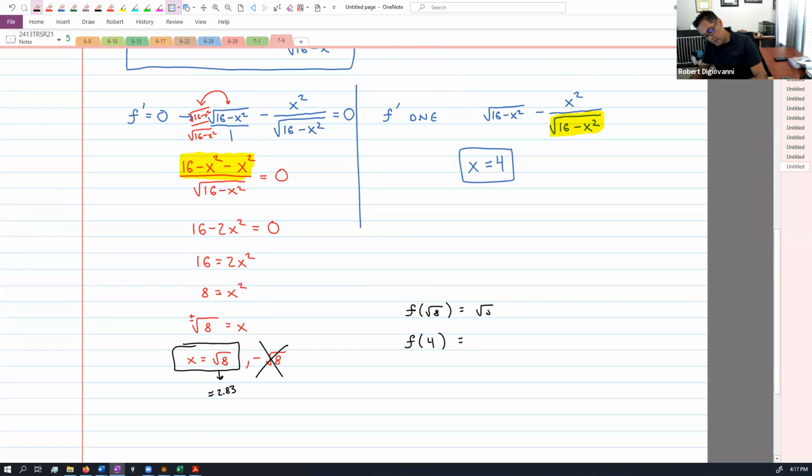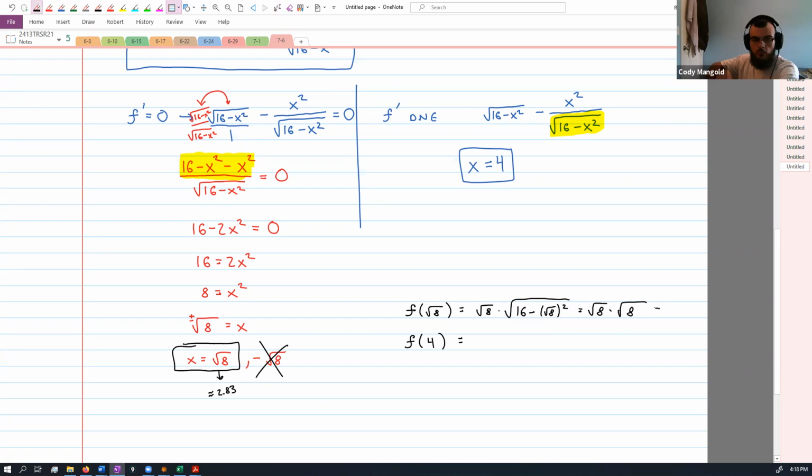So I get square root of 8 times the square root of 16 minus the square root of 8 squared. Square root of 8 squared is 8, and 16 minus 8 is 8. So I'm getting root 8 times root 8, which is just 8.